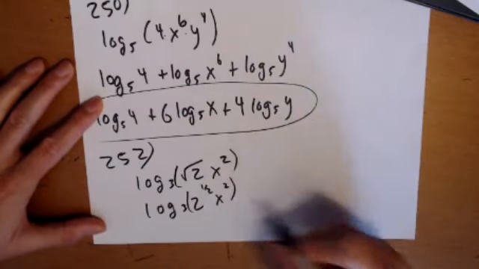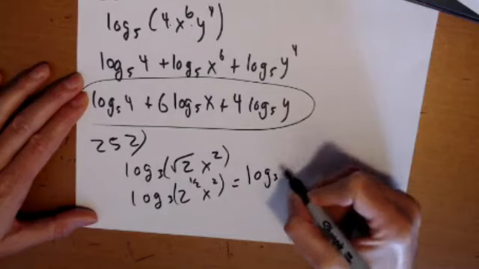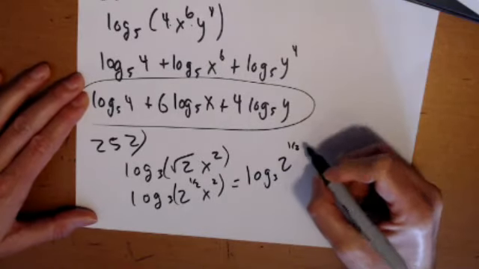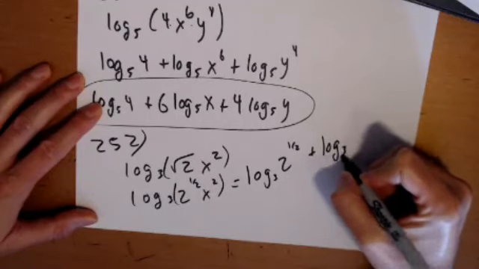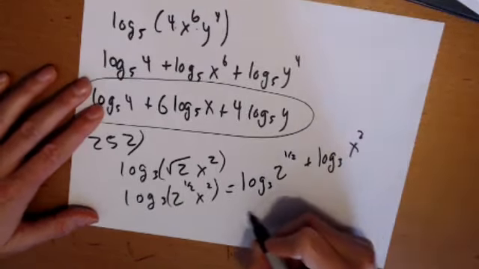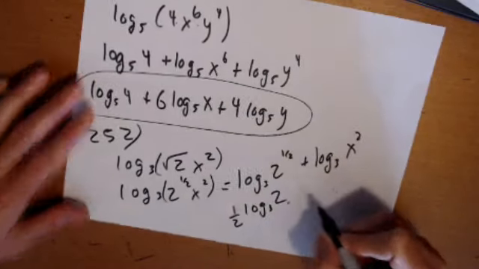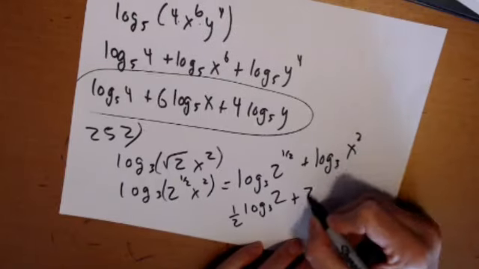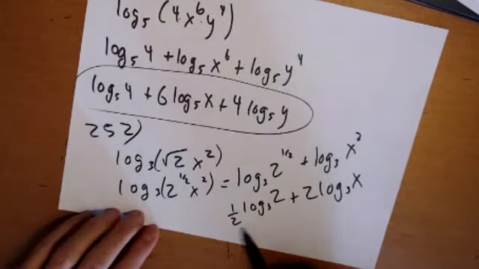So this is going to break apart. Log base 3 of 2 to the 1/2 plus log base 3 of x squared. And now exponents come out in front, so 1/2 log base 3 of 2 plus 2 log base 3 of x.